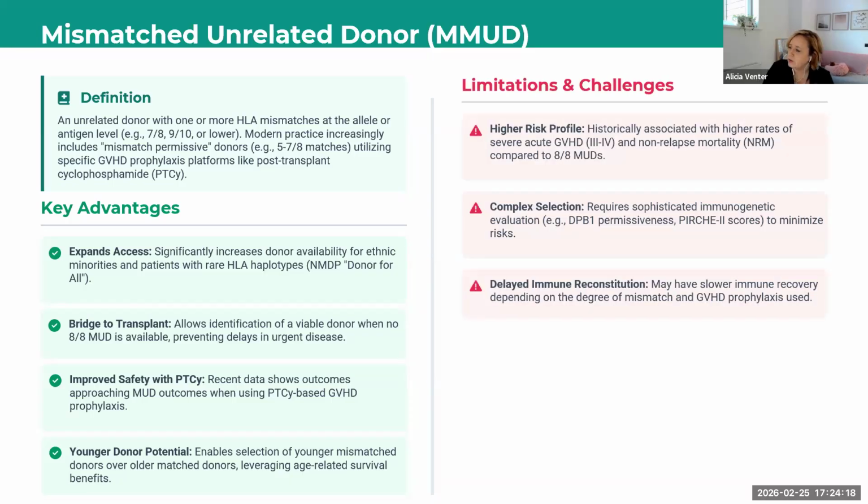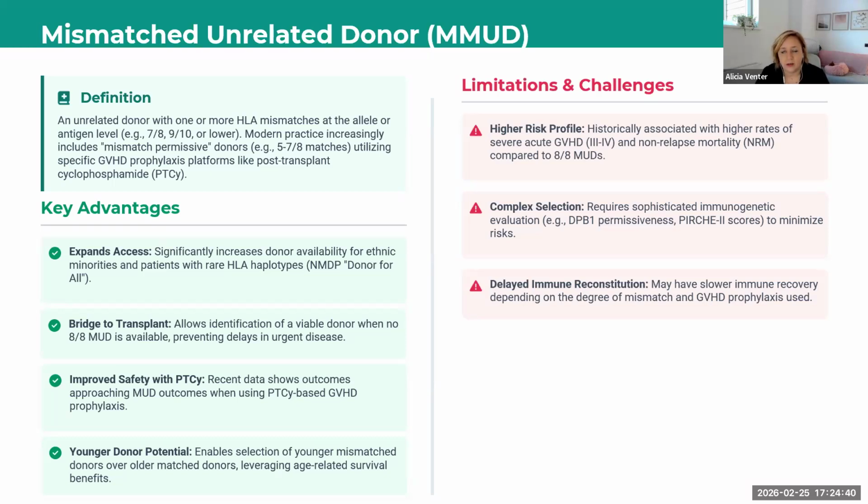The limitations and challenges here is that there is definitely a higher risk profile for GVHD. The selection becomes really, really complex because it's easy to pick a match. And that's maybe a strange thing to say, but as a former search coordinator, if you run a search and there's a 10 out of 10, that's obviously the one you're going to pick.